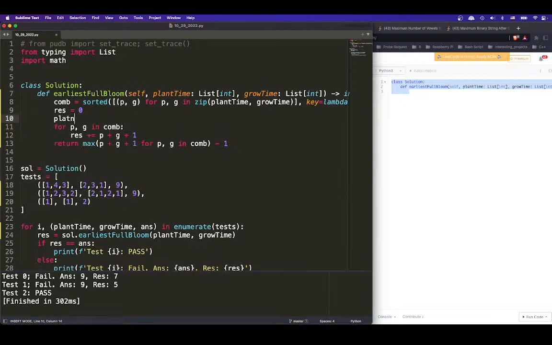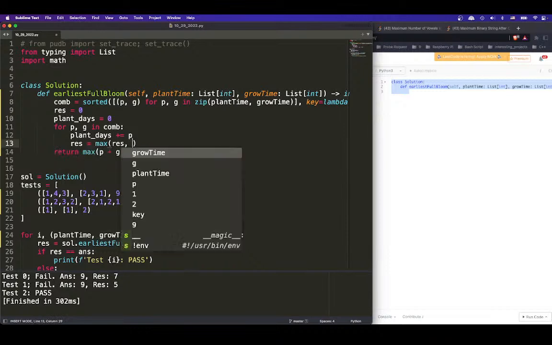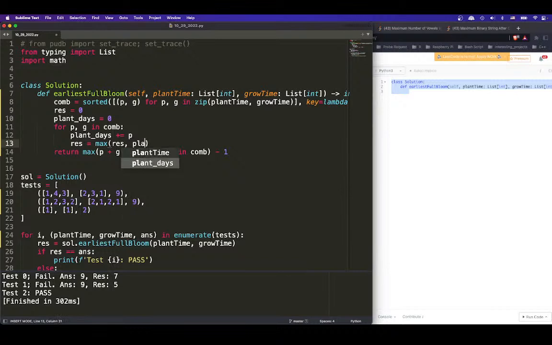Plant days, 0. Okay. So I say plant days plus equal to P, and rest shall equal to the maximum of rest and plant days plus G, right?